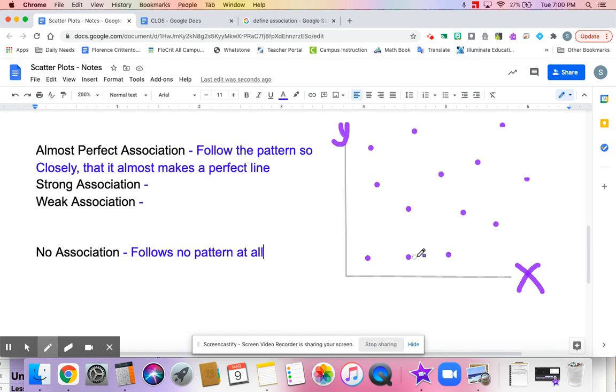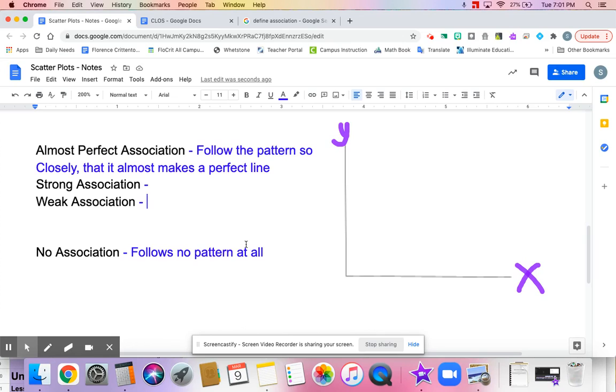It doesn't look like a U. It just kind of looks all over the place. This one has no association. I couldn't tell you if it's positive or negative because I don't know if it's going up or down over time. I know it's definitely not linear because it's not following a straight line. But also, it has no strength. It has no pattern at all.